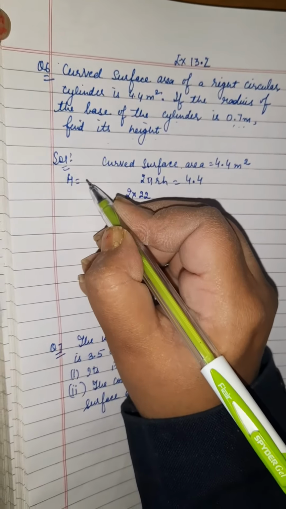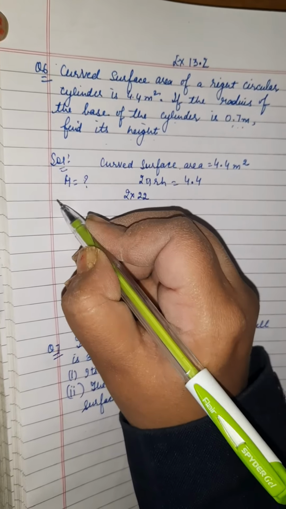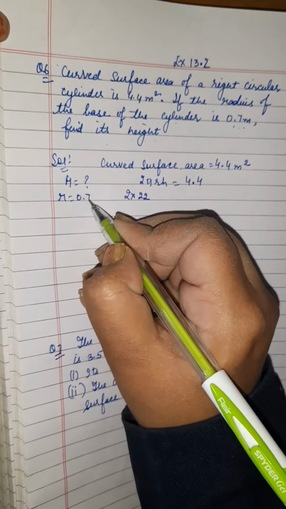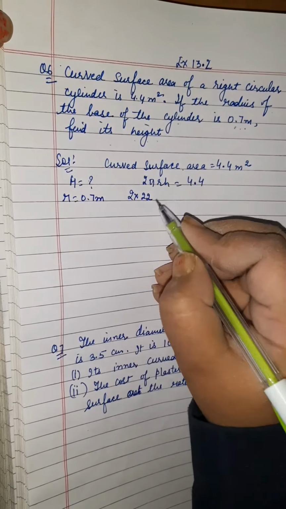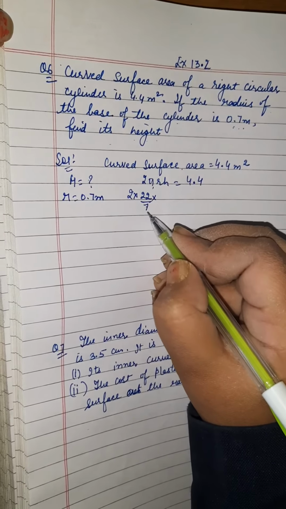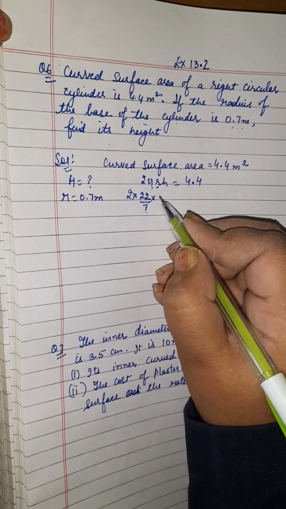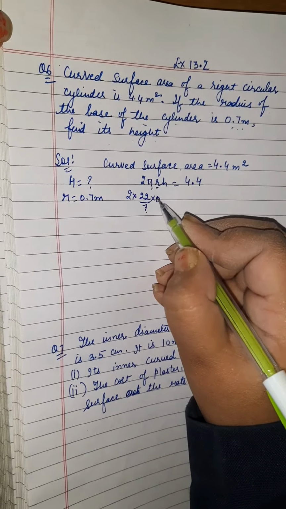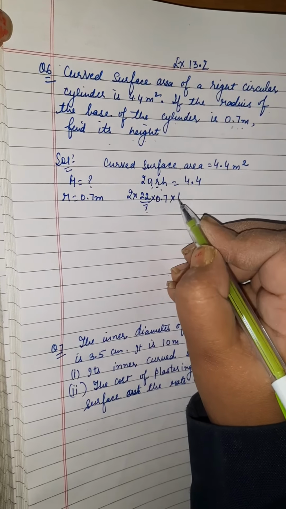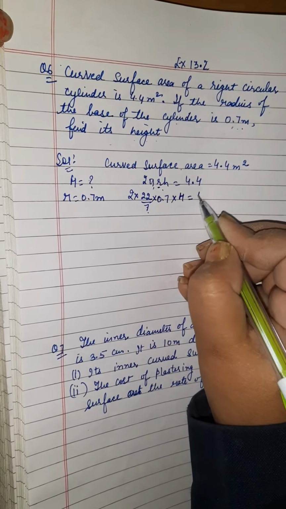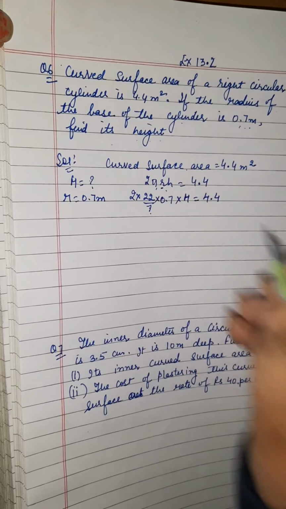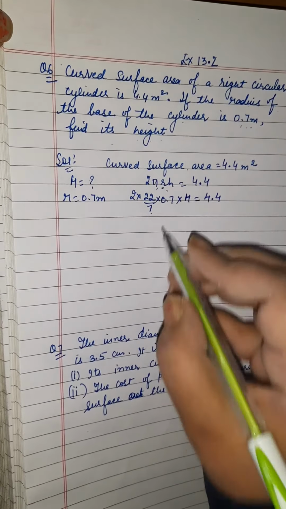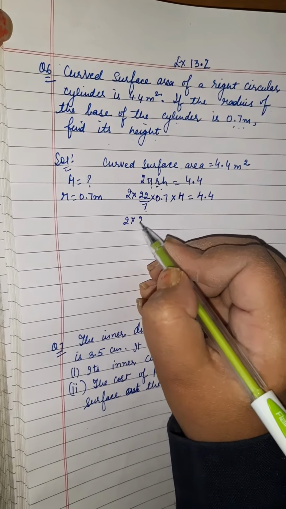H of the cylinder we have to find, and the radius is 0.7, that is given. Pi is 22 by 7. In the place of R we will put 0.7, and in the place of H we will write H, that is equal to 4.4. Solve it.